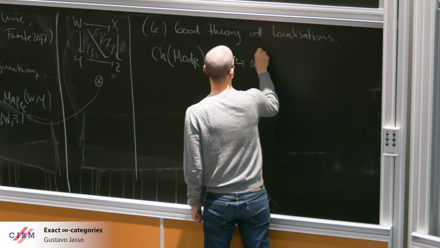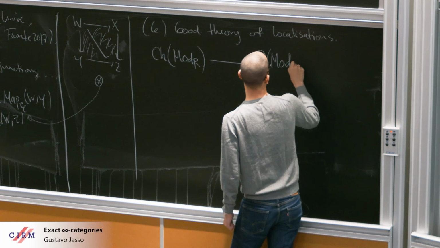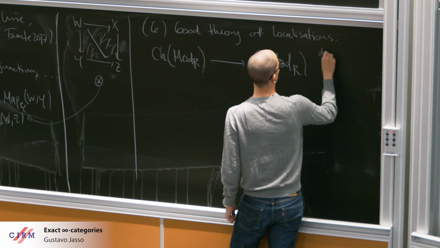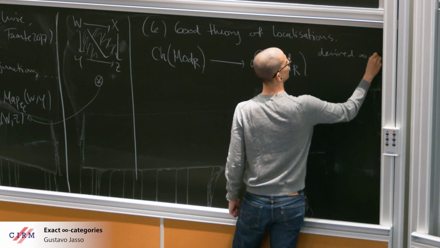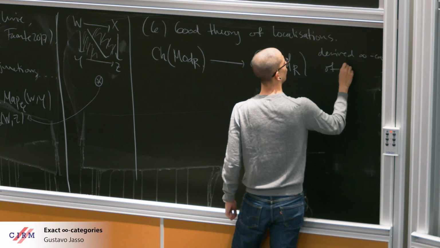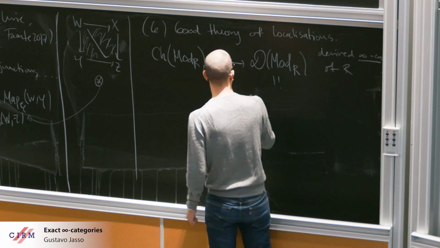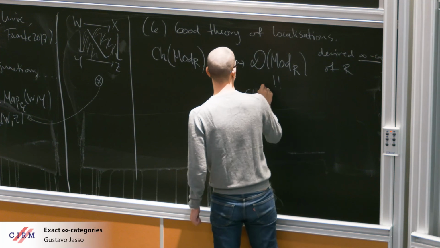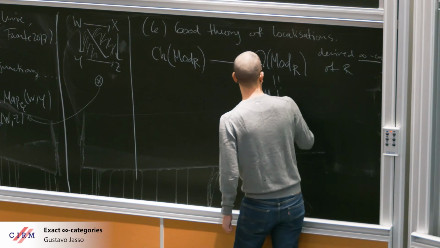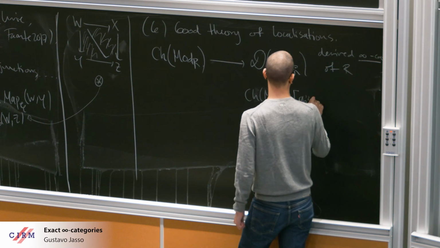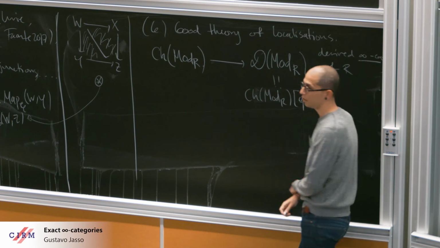And then there is a localization of it, a very natural one, that we call the derived infinity category of R, which is simply defined as the localization of chain complexes at the class of quasi-isomorphisms, but in this infinity categorical sense.